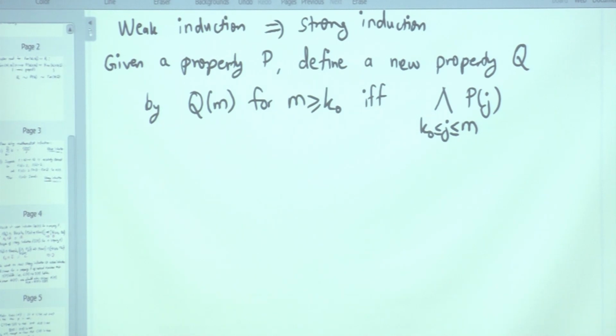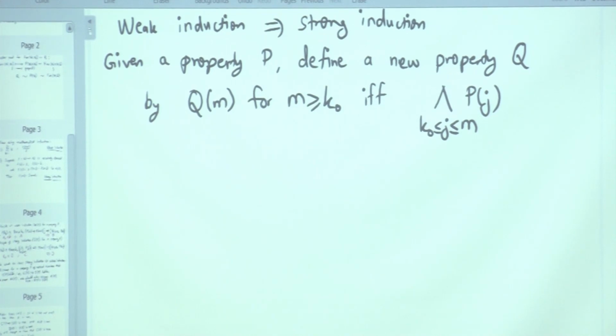Okay, so we are not really cheating, but observe this. Q of M is defined to be this conjunction. So the property P is true for K0, K0 plus 1, up to M. And we are only defining it for M bigger equal K0, not doing anything.